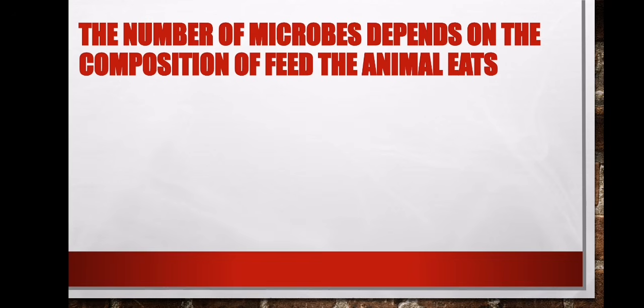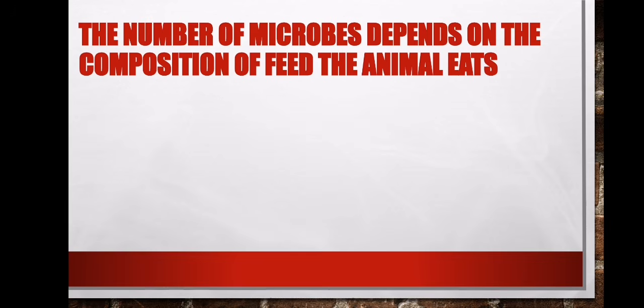If the animal eats more cellulose, what does it mean? It means the population of cellulolytic bacteria in the rumen will increase. If it eats cellulose, the bacteria that digest cellulose, which are cellulolytic, will be more in the stomach.